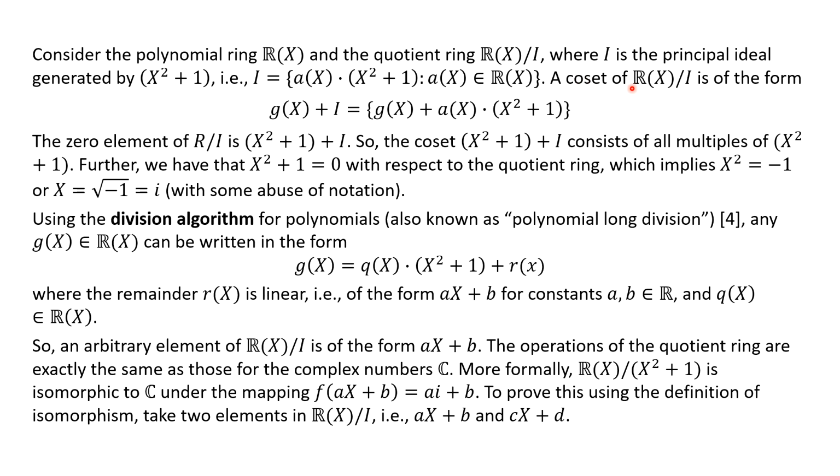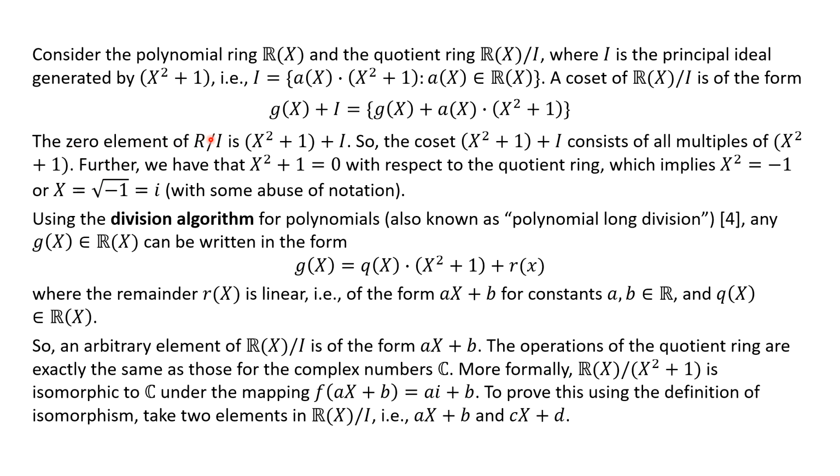A coset of R[x] slash I is of the form g(x) plus I, and that equals the set g(x) plus a(x) times x squared plus 1. So basically terms from the ideal plus any polynomial from this set here, R[x].